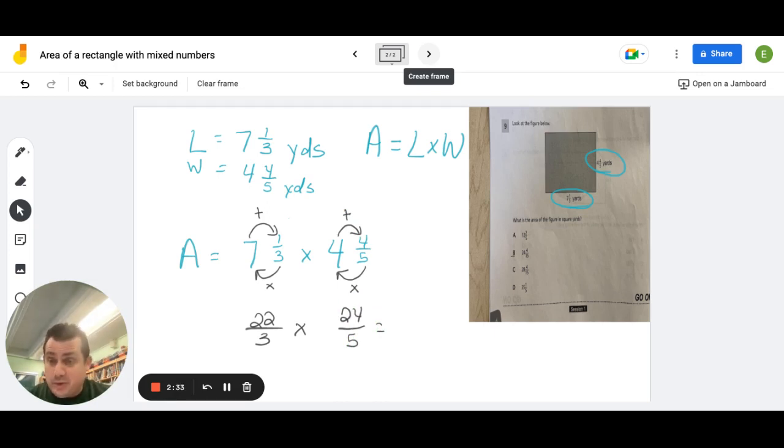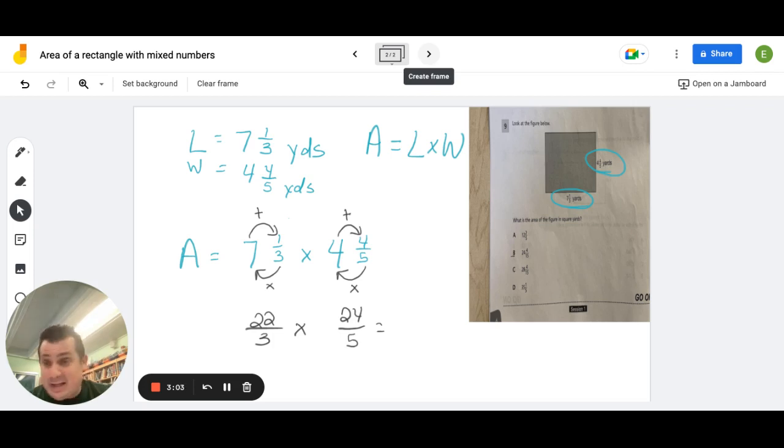Now here we're left with an improper fraction times an improper fraction, so I do need to just multiply straight across. However, you can simplify this first by cross canceling. Looking at 5 and 22, does 5 go into 22?